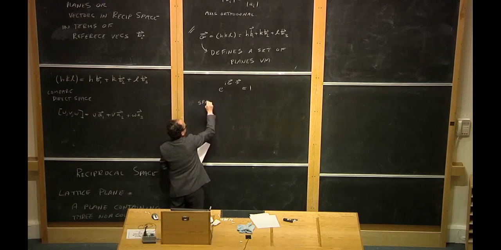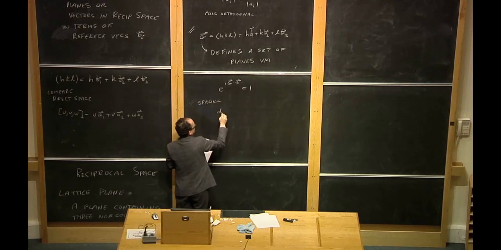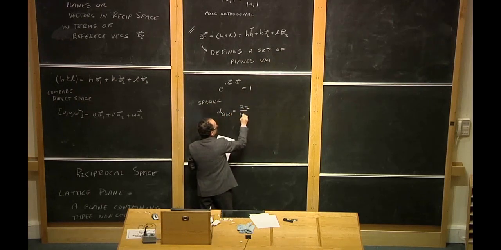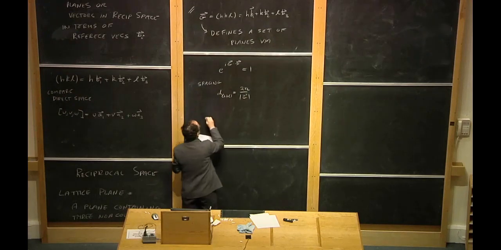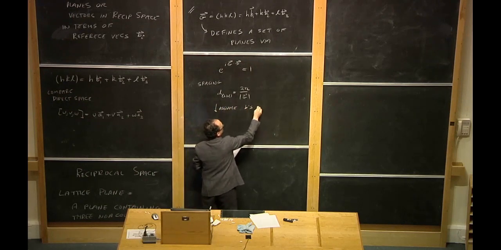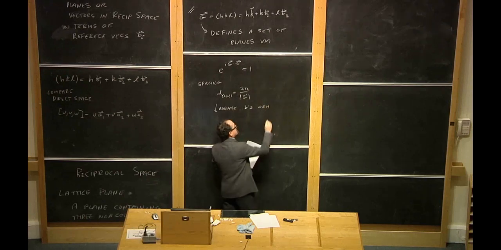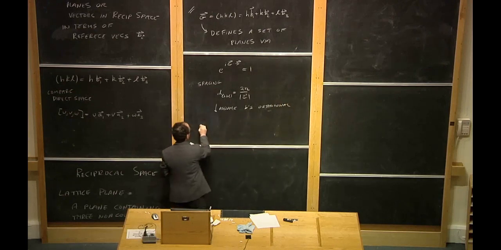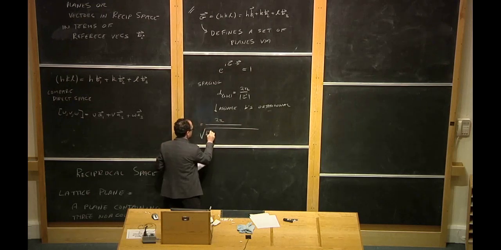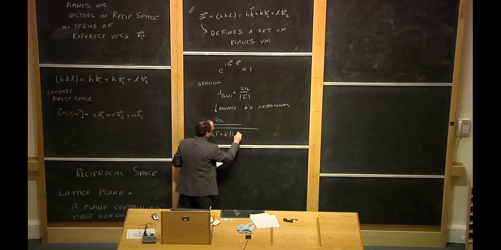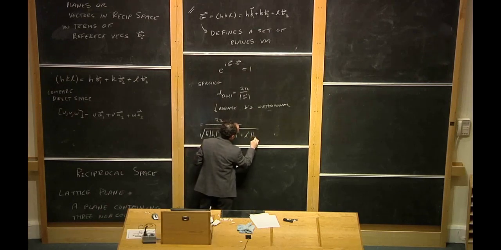And the spacing of these planes is d_hkl equals 2 pi over the absolute value of G, or I guess, assuming orthogonal axes, b's orthogonal, or a's and b's orthogonal, then we can write that as 2 pi over the square root of h squared absolute b1 squared plus k squared absolute b2 squared plus l squared absolute b3 squared.